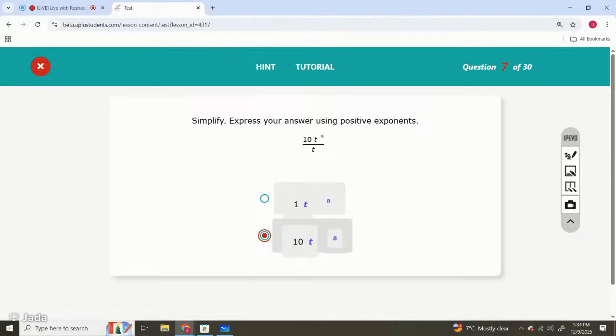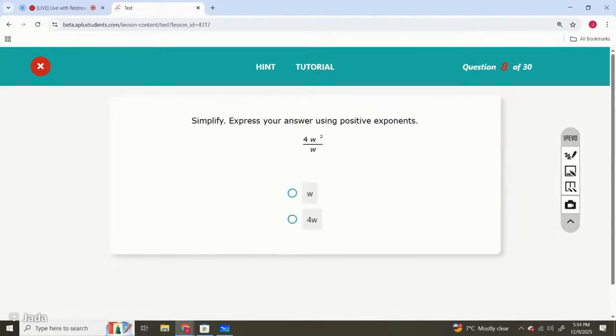That is 10t8. Option number 2 is the correct option.